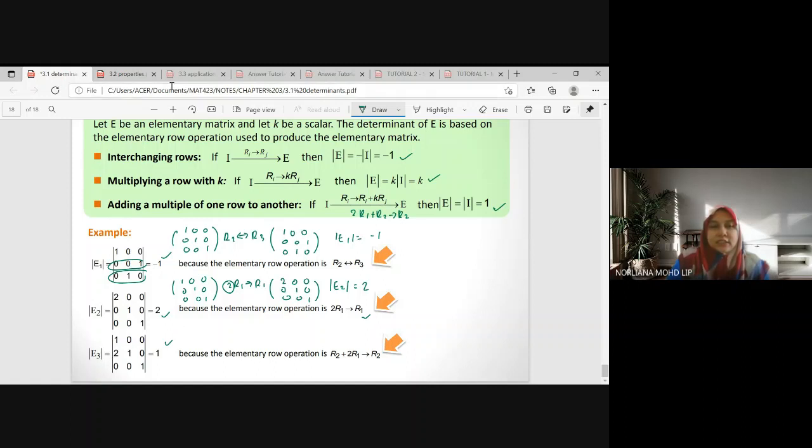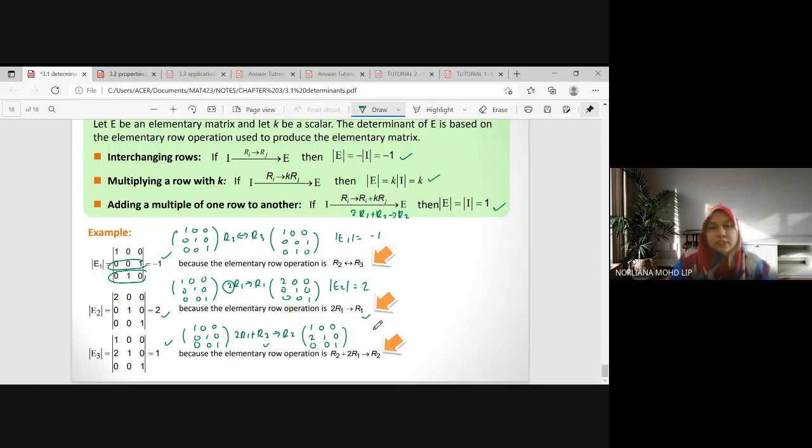Okay, yang ketiga E3. We use operation apa untuk jadikan ni? 2 row 1 plus row 2 kan, transform into row 2. 2 1 0 0 0 1.